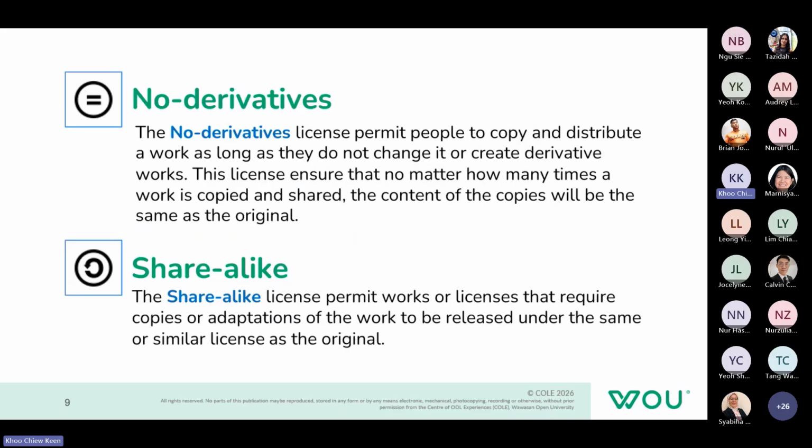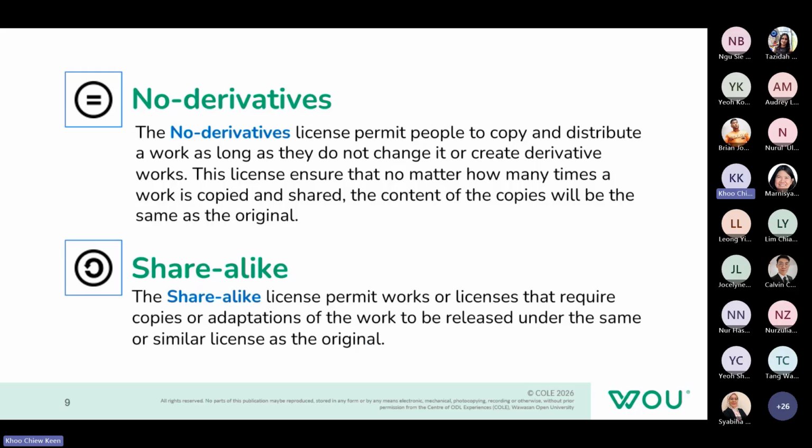Okay, the next license, no derivatives, means that you cannot modify the original content of the resource that you have adapted as your learning content. That means whatever is used as your learning content, you adapt the OER, you cannot change the wordings or the phrases or the paragraphs inside the particular content.